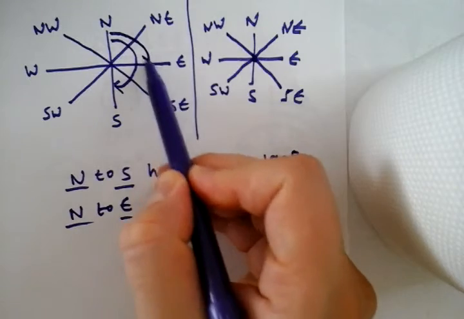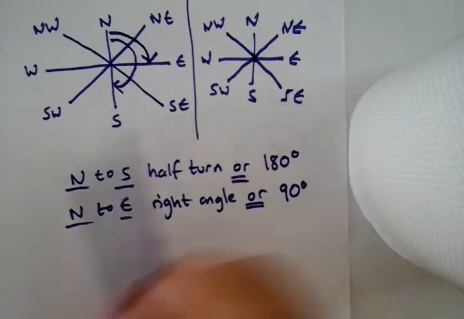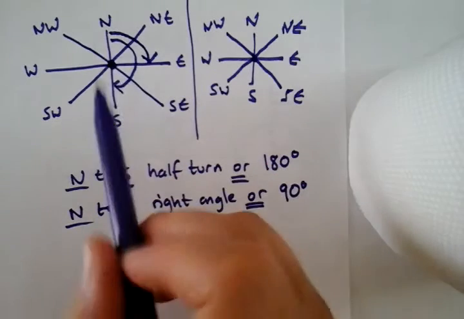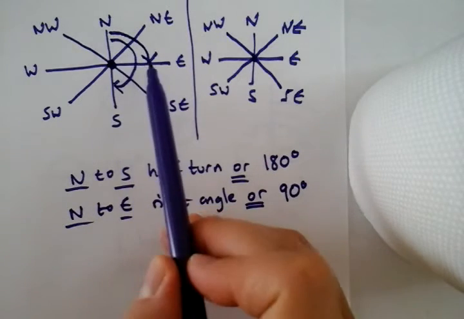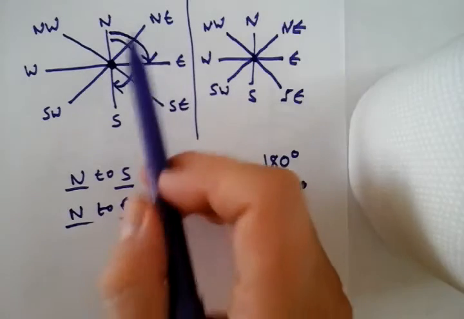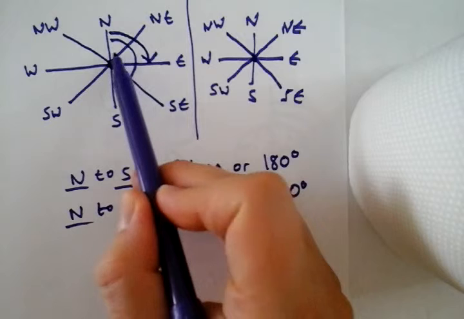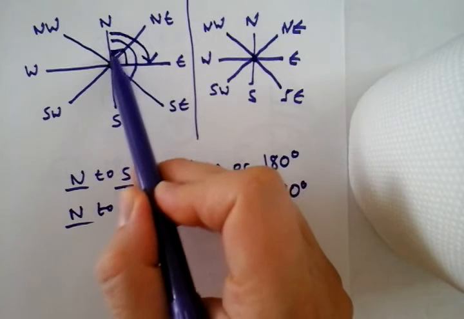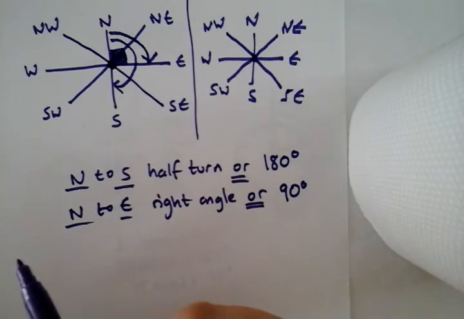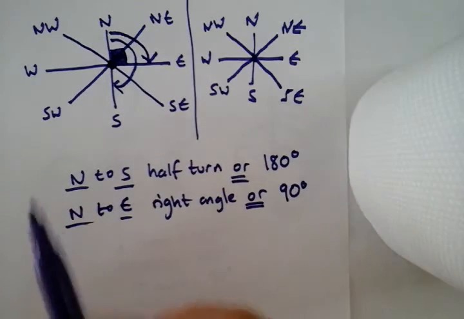North to east. That looks very familiar. I'm using this as a middle point, it's a bit easier. They're saying it's a right angle or 90 degrees. And as you can see, from north to east, if we look at this angle, it is a right angle or 90 degrees in this case.